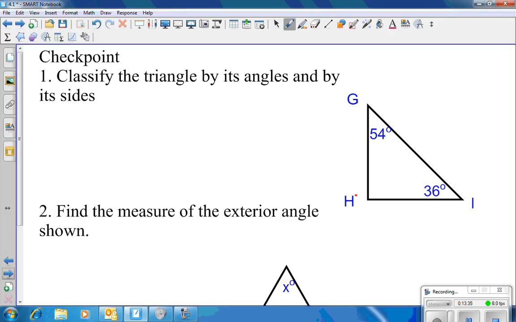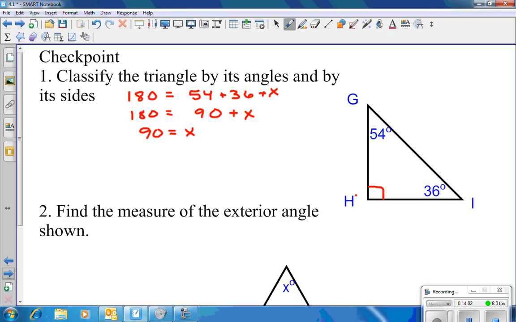So she said I can take 54 and 36 and add them together, and then subtract them from 180. So 54 and 36. And subtract 90 from 180.